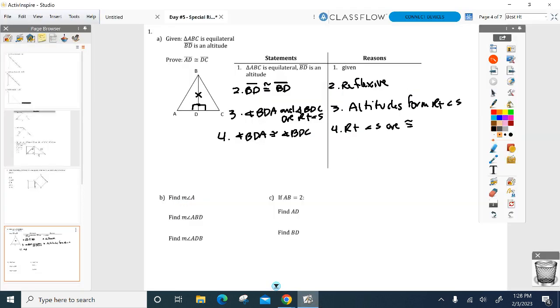How do you know that? Equilateral means all three sides are equal. Now, why didn't I write all three sides? I don't care about side AC. I only care about the two sides in those triangles. So, definition of equilateral triangle. Are the triangles congruent right now?